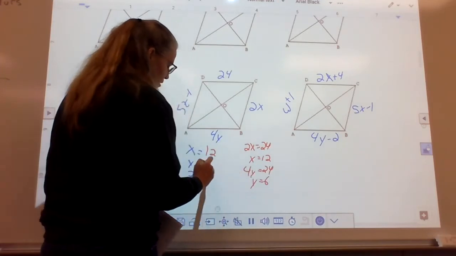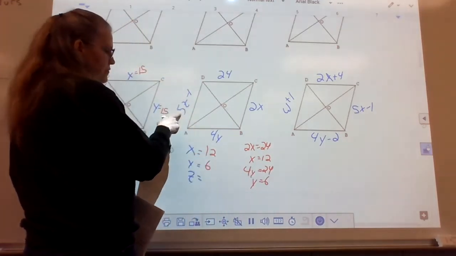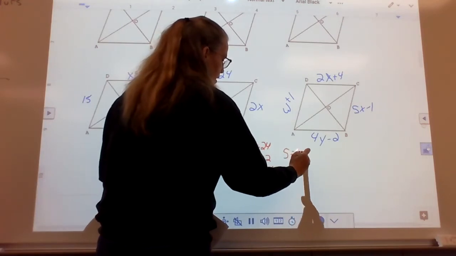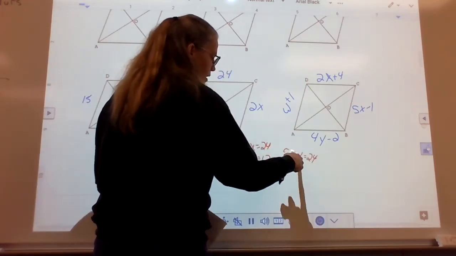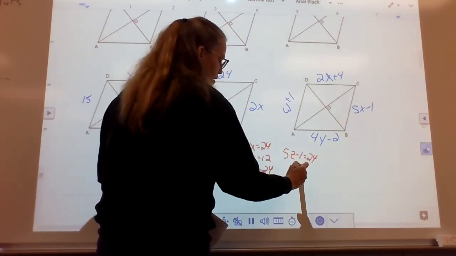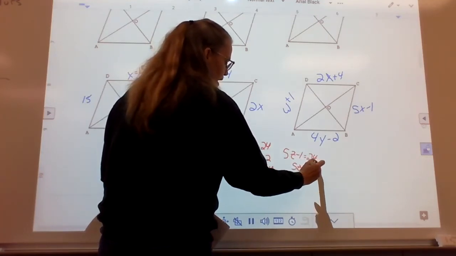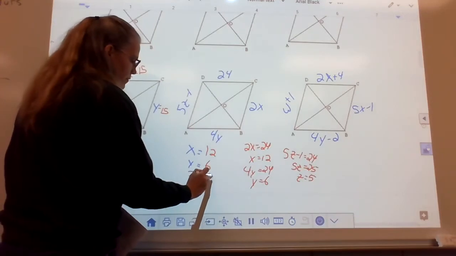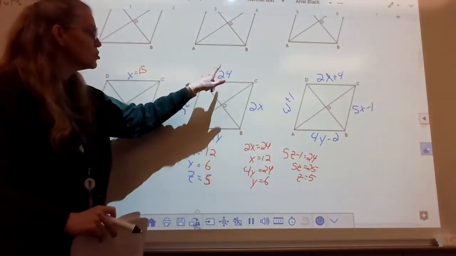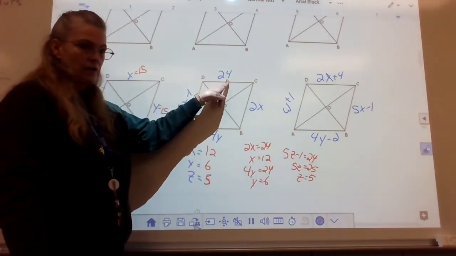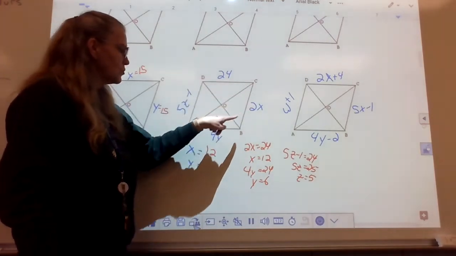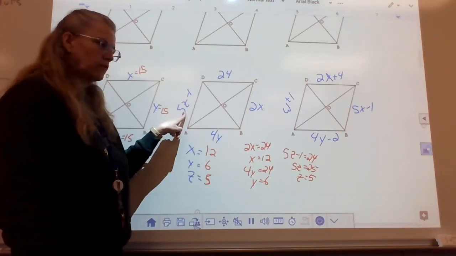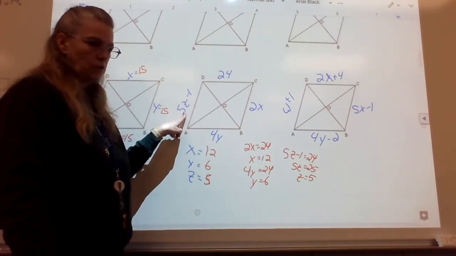So y is 6. 5z minus 1 equals 24. Add the 1. 5z equals 25. Z equals 5. So if I give you a number in any side, I know every single side is going to be the same. So this is 24, this is 24, this is 24. Every single side is 24.